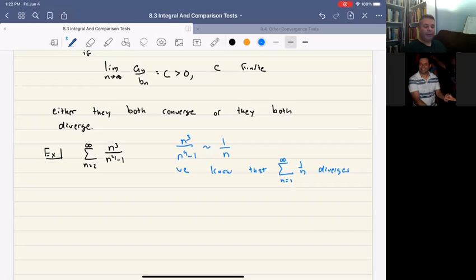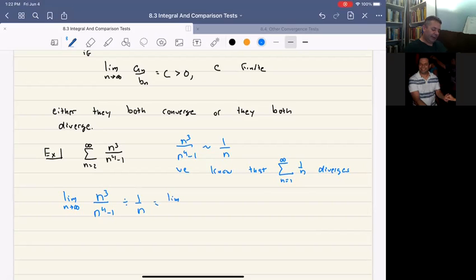Now, let's do a limit comparison of this series with this series. So we're going to take the limit as n goes to infinity of n cubed over n to the fourth minus 1 divided by 1 over n.